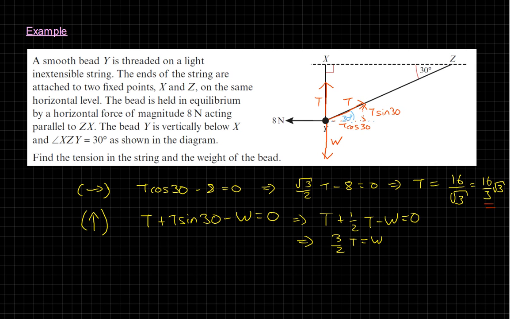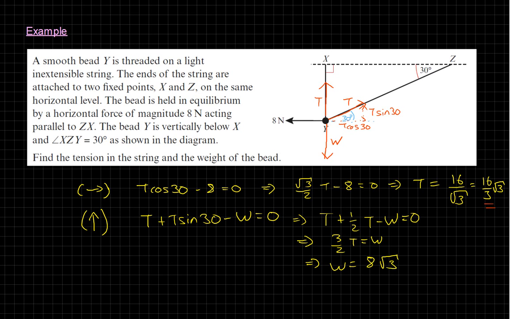And then from where we were a moment ago down here, I'm going to say therefore the weight is equal to 3 over 2 times T, and T is here, we just worked it out. So what's 3 over 2 times this? That's going to be 16 over 2 root 3, or in other words 8 root 3.